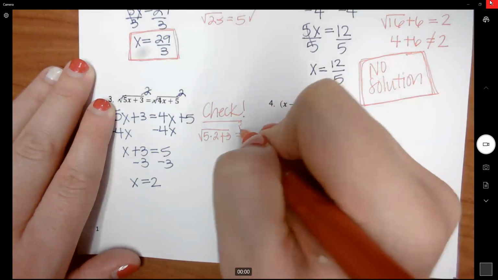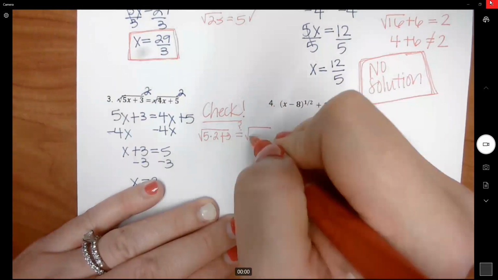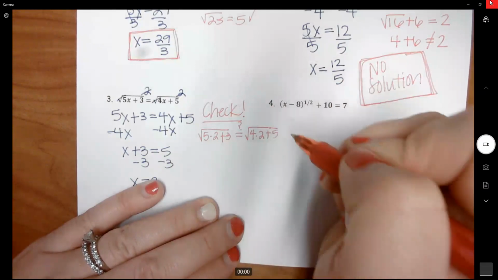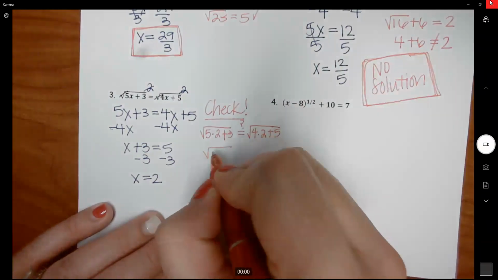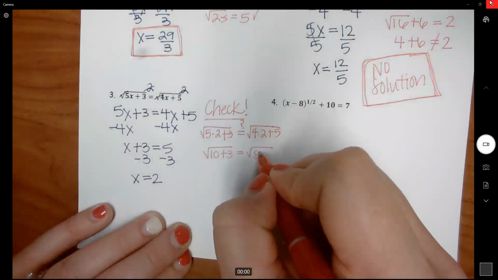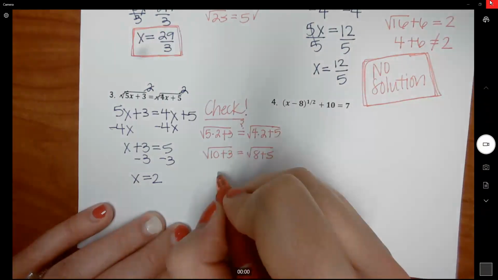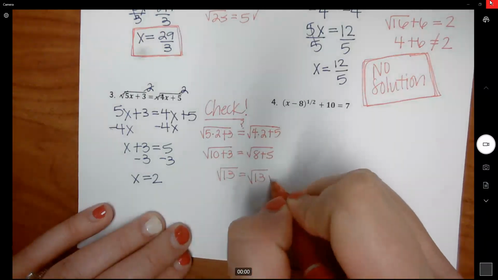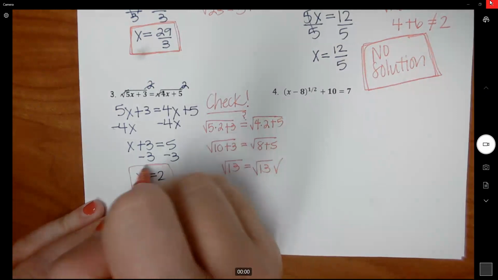And I want to know, does that equal 4 times 2 plus 5? This is 10 plus 3. This is 8 plus 5, which gives me the square root of 13 does equal the square root of 13. This is my answer.